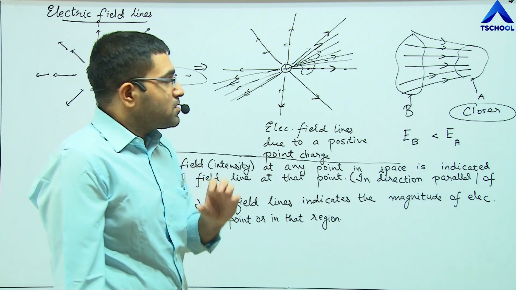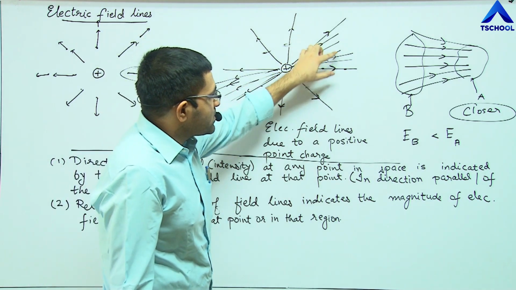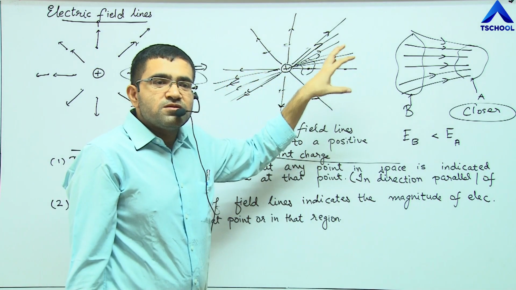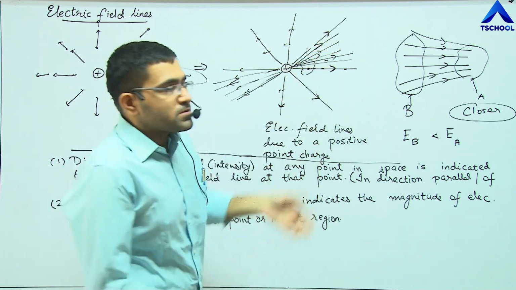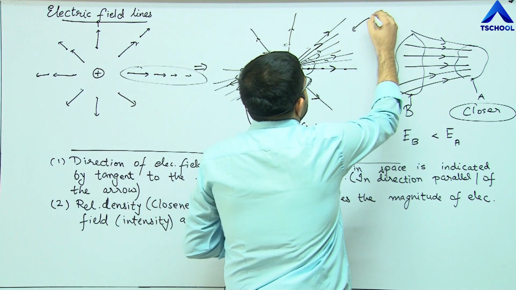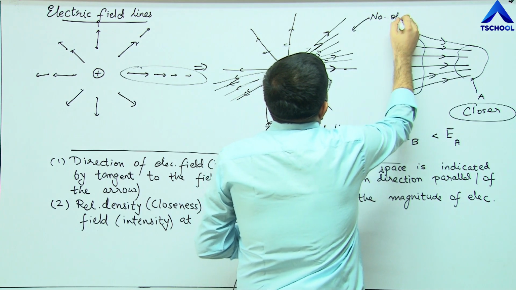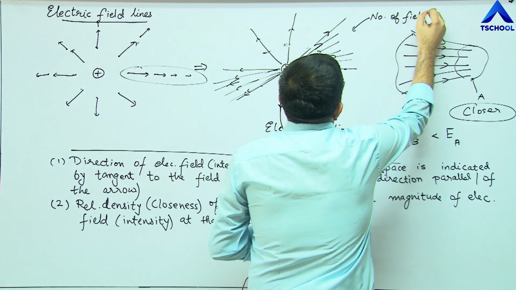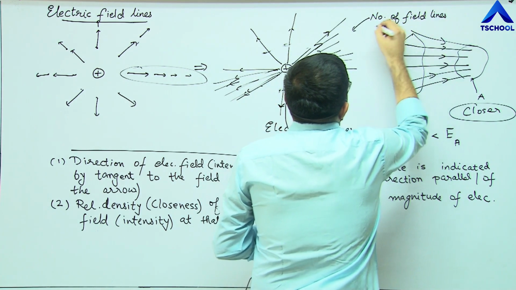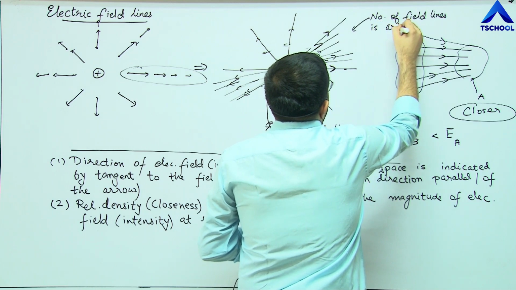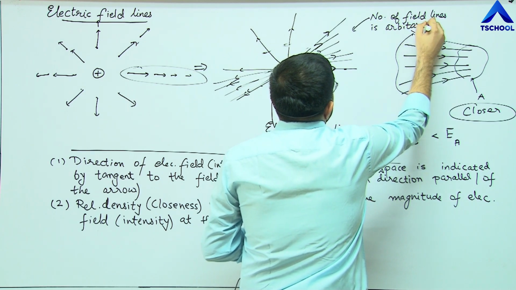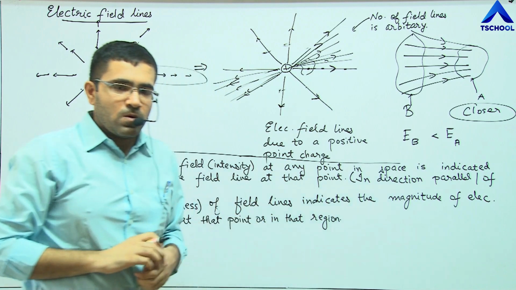Okay, right? Also, don't forget what I said over here, that the number of field lines is arbitrary. Let me just write that over here. Number of field lines is arbitrary. Arbitrary, that is, it's up to us how many you want to draw.